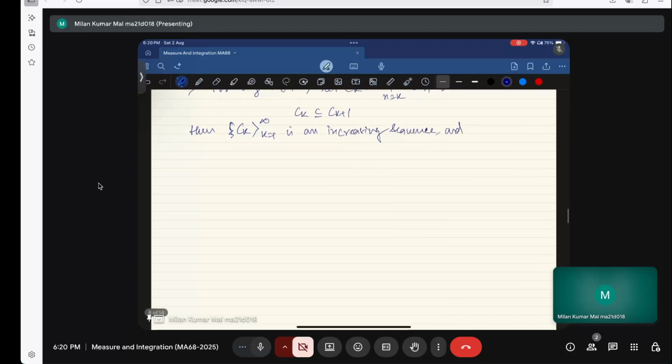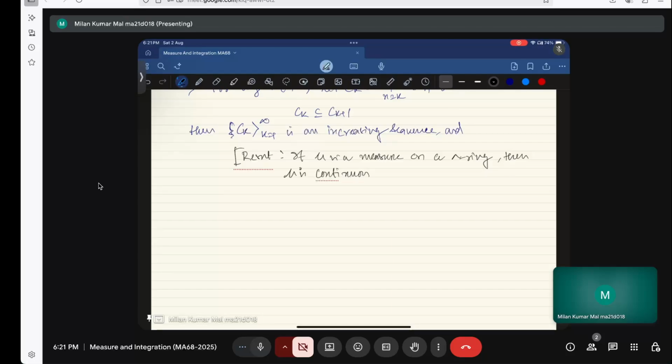So it is known that we use the result: if mu is a measure on a sigma ring, in fact on any ring, then mu is continuous from below.